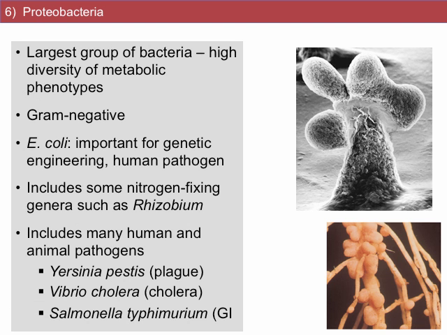They're all gram-negative. E. coli is in this group, so this group is incredibly well studied because of some model organisms as well as many pathogens like the causative agent of plague and cholera and typhoid and a lot of other diseases are in this group. This is just an example of one of the multicellular members of this group.